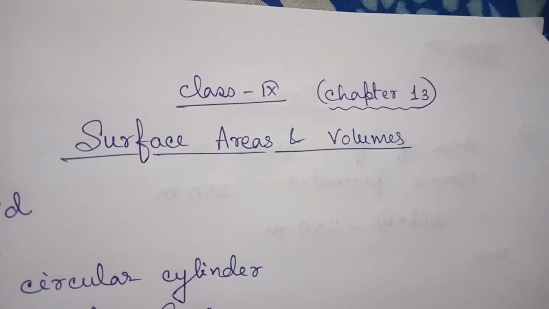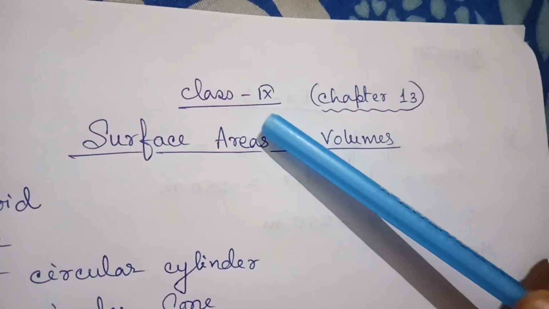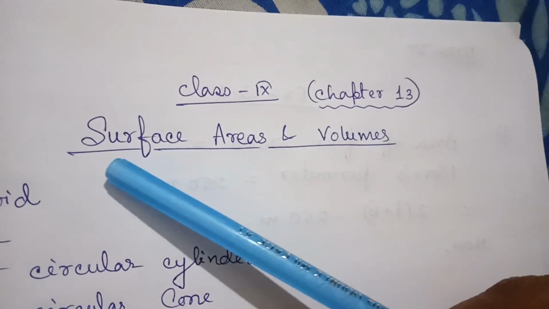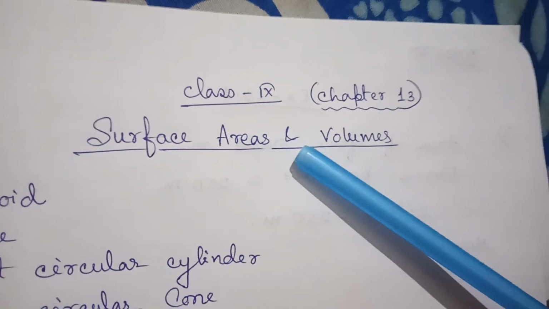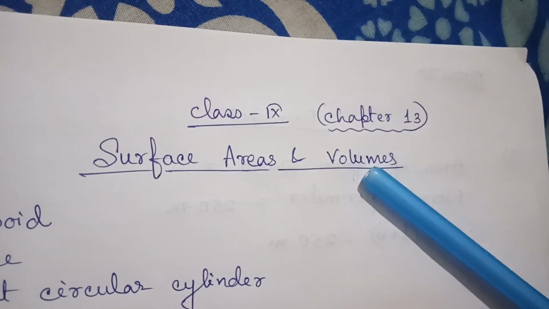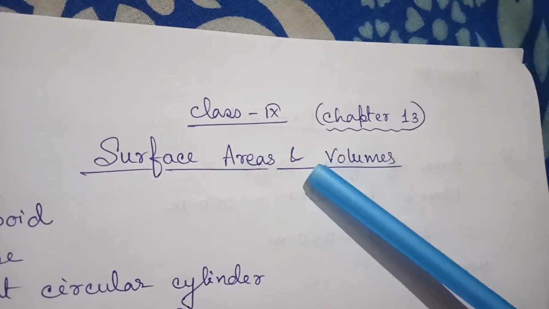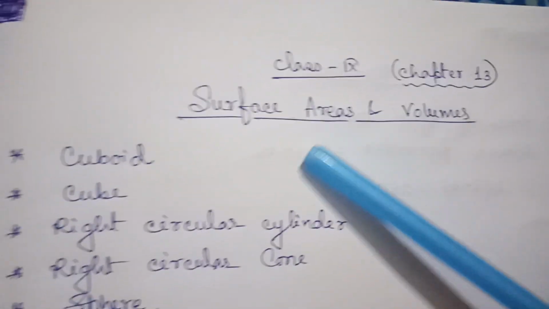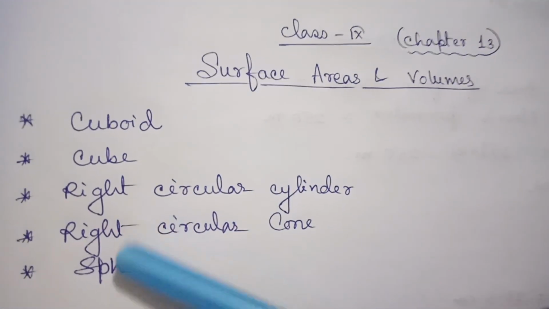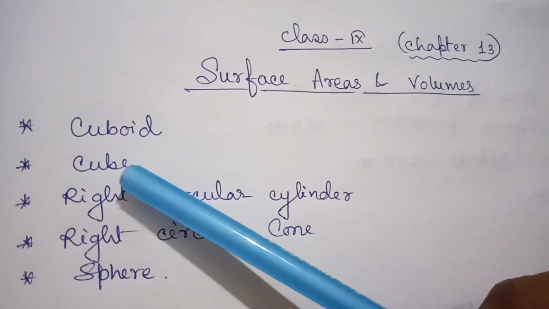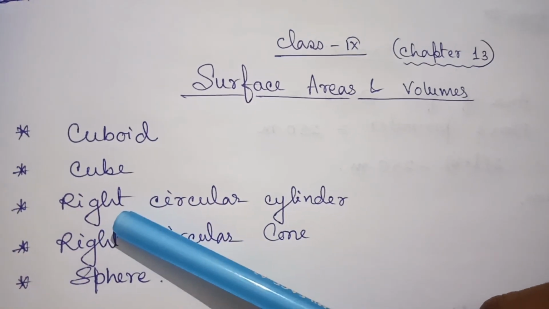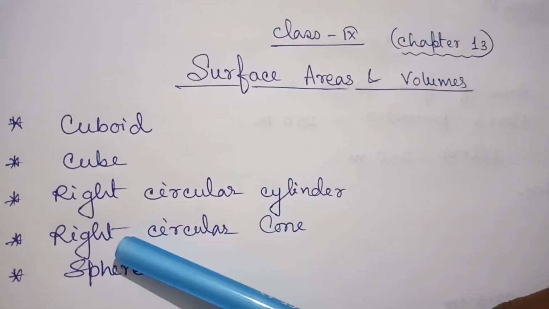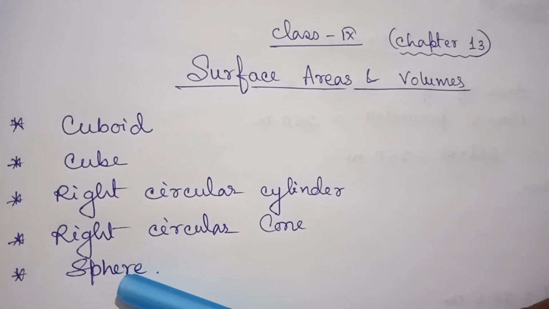Today we are going to learn class 9's chapter number 13, surface areas and volumes. In this chapter you will have these 5 topics: cuboid, cube, right circular cylinder, right circular cone and sphere.